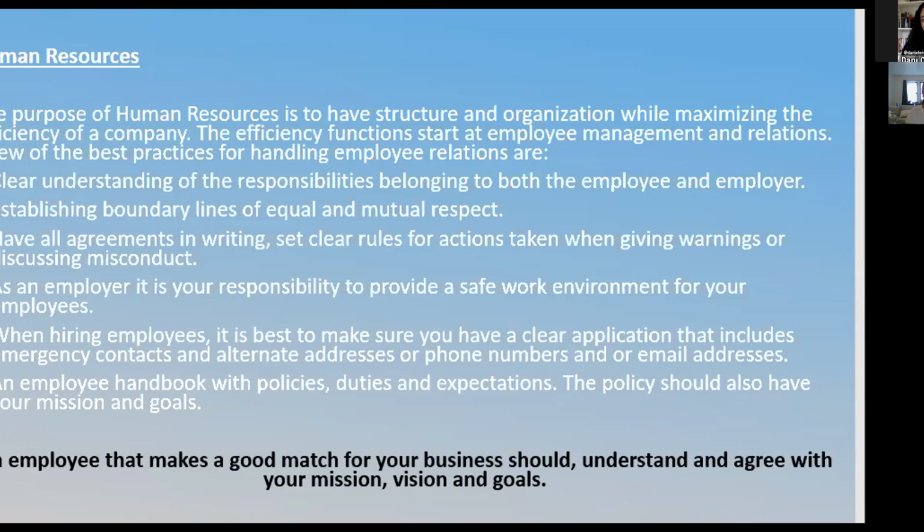So it is important because, for one, you need to have a clear understanding of the responsibilities belonging to both the employee and the employer. You can establish boundary lines of mutual respect. You have all agreements in writing, and you set clear rules or actions when giving warnings or discussing misconduct.